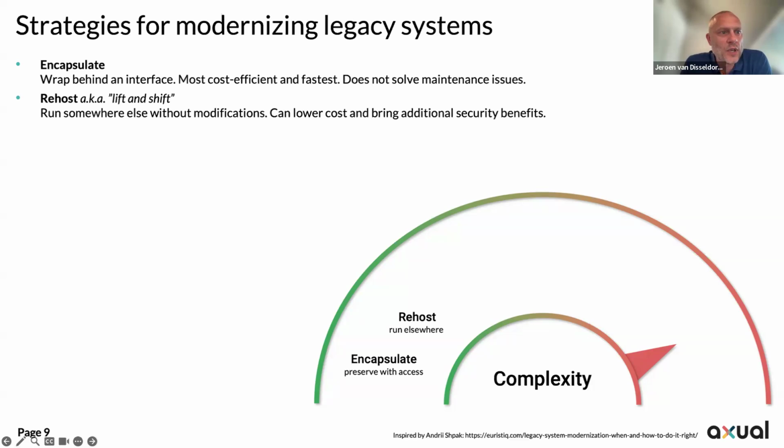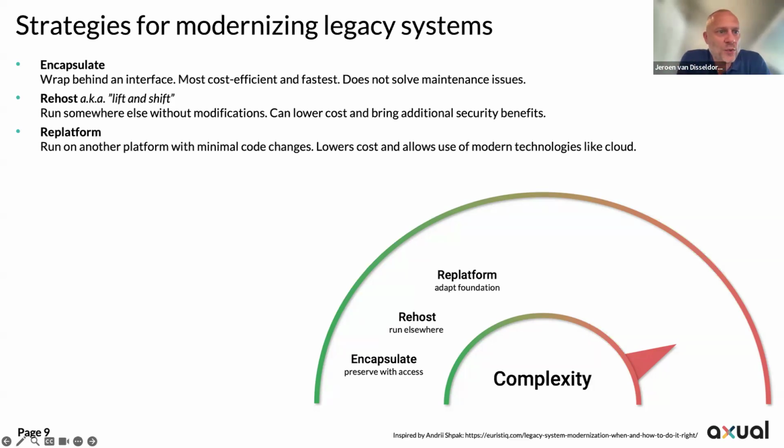Another way to handle legacy systems is to rehost, which is a synonym of lift and shift. So you run it somewhere else without any modifications. This can lower costs because of a simpler environment or other kinds of hardware underneath, and can bring additional security benefits.